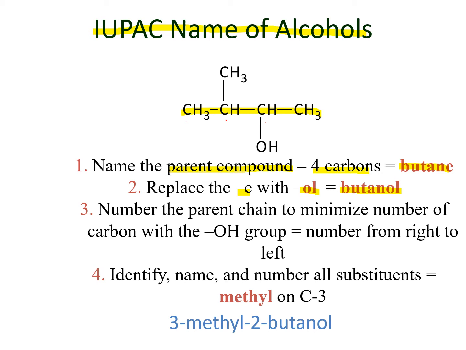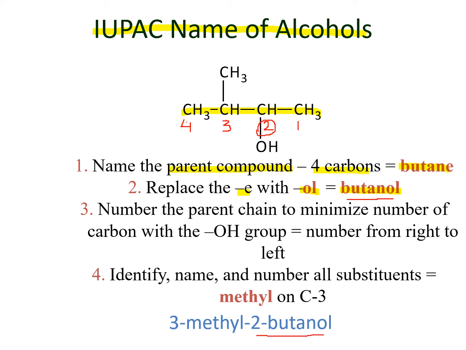But in the last slide we just saw that we have to start from the end where the carbon attaching the OH group has the lowest number. So we will have to go from right to left, and the carbon attaching the hydroxyl group will be carbon number 2. We have to write this 2 as a prefix to the name we just found, butanol. So we will call it 2-butanol, as we can see here.